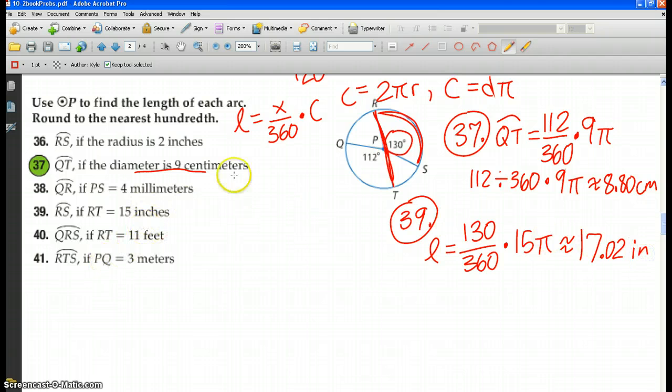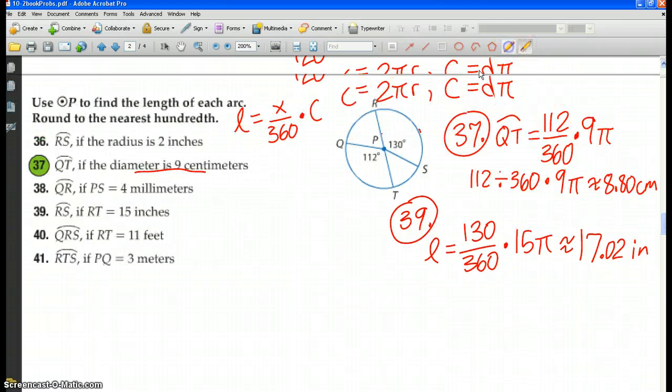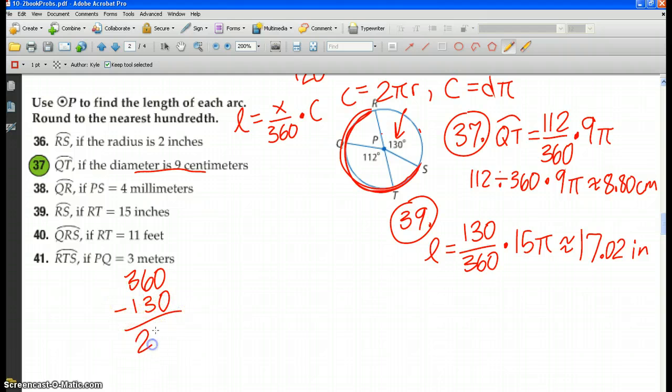And number 41. Find RTS, which would be the entire circle except for this part. So 360 minus 130 would give us 230 degrees.